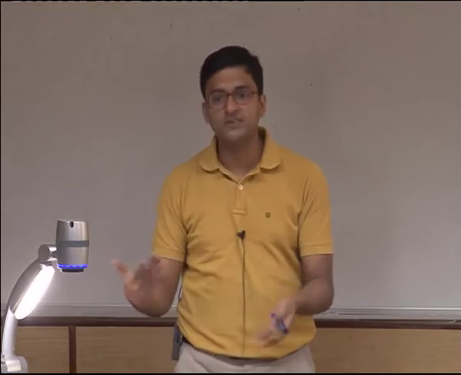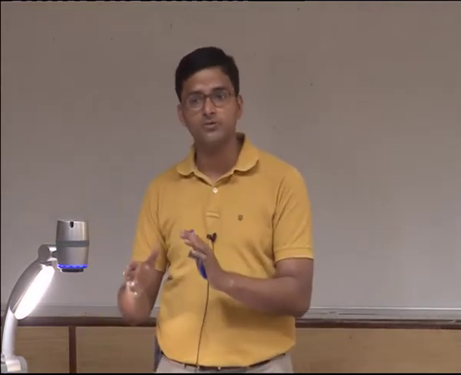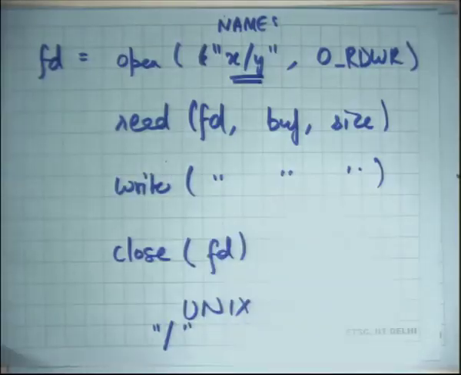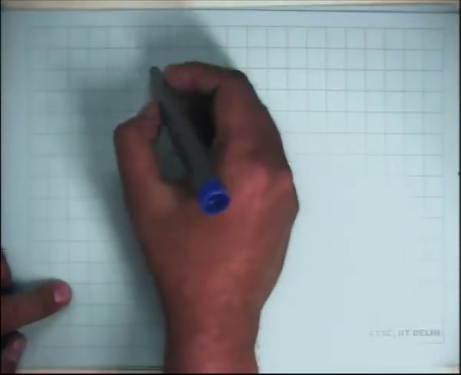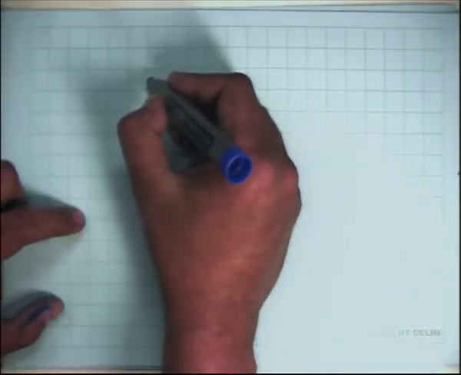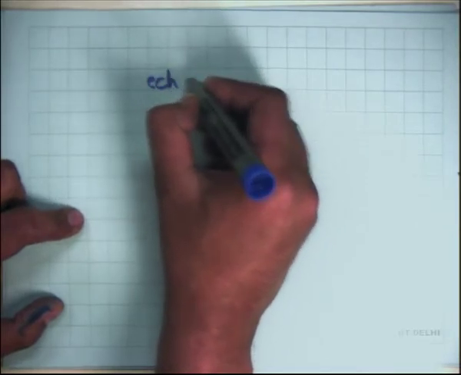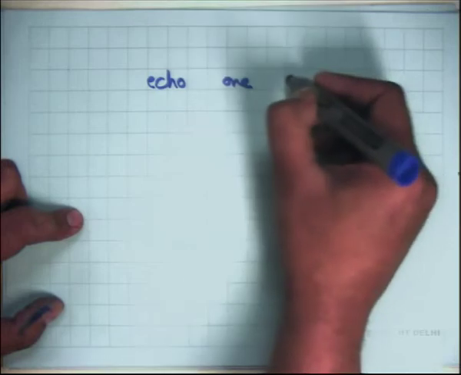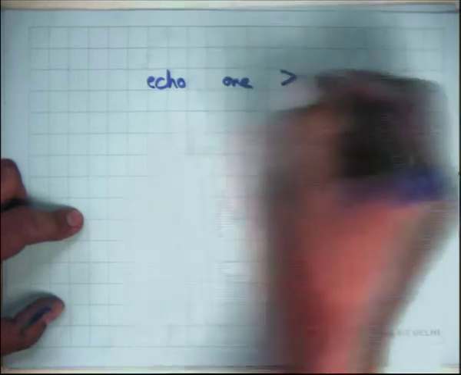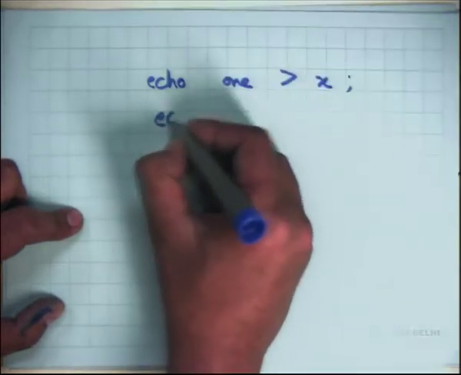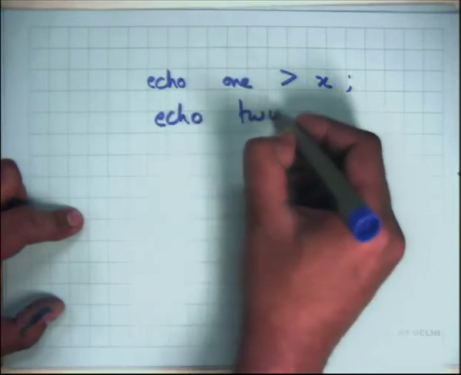Let's look at the trade-off between having an implicit offset as is done in Unix and having an explicit offset. If you have an implicit offset, then let's say you wanted to implement something like echo 1 to x and echo 2 to x.